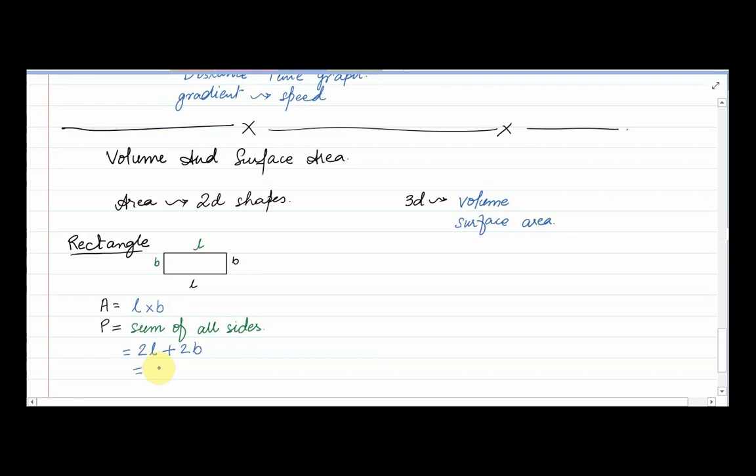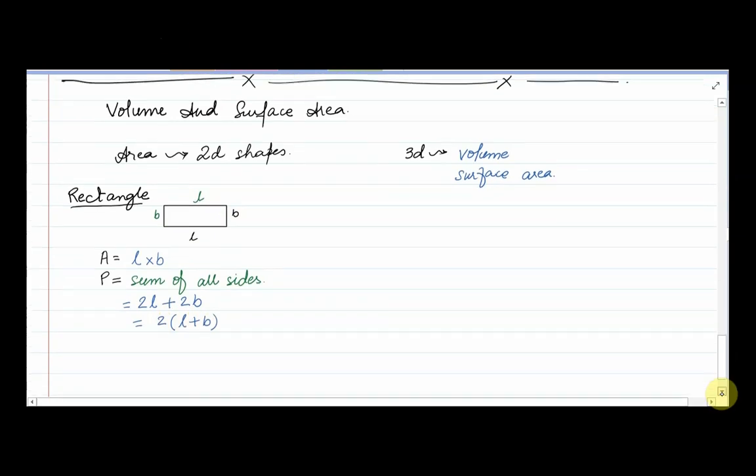If you take 2 common here, it will be 2 times L plus B. That is the working formula of perimeter of a rectangle. You should write down all the working formulas in your copy as well.